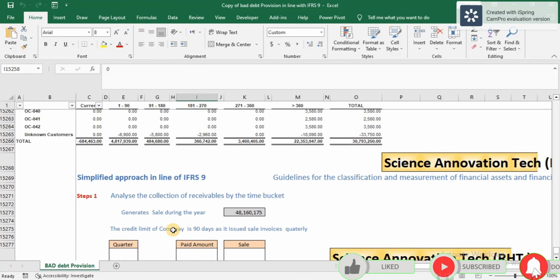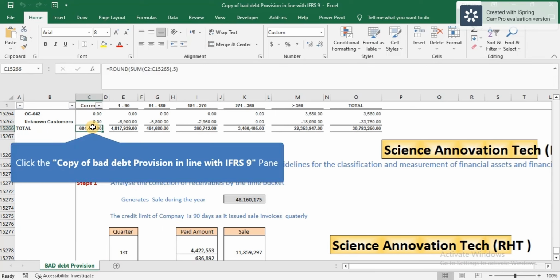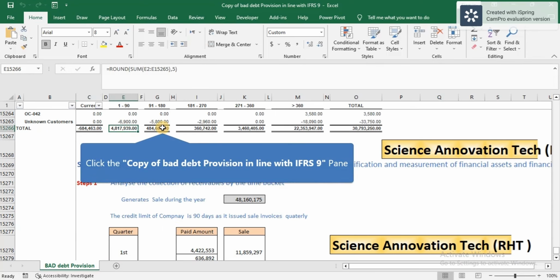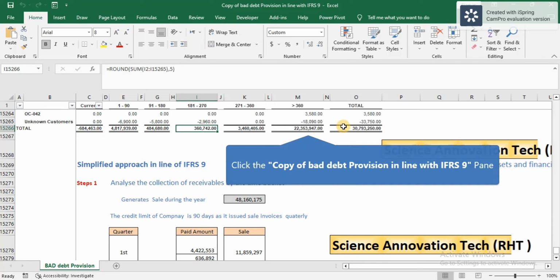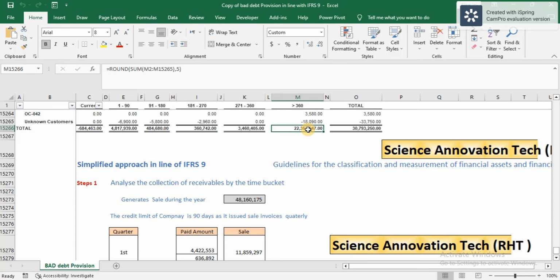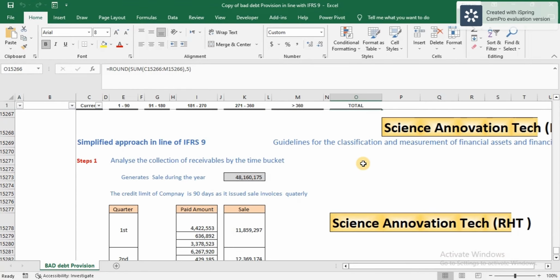After that you have to analyze and collect the receivable buckets. Actually these are the buckets: current, 1 to 90, 91 to 180, 181 to 270, up to 360 and more than 1 year. And these are the totals of the receivables outstanding at the date 30th June.